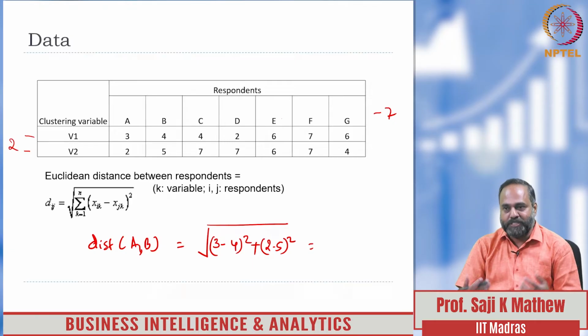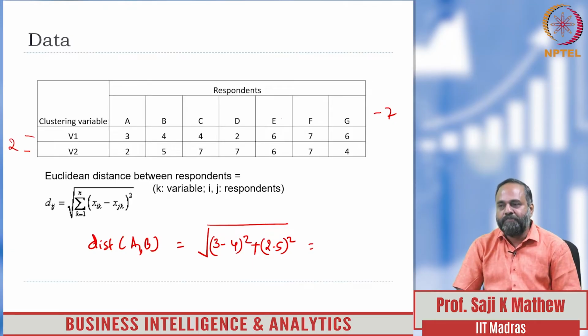There are other measures. As in decision trees, we saw there are different measures of purity. In a similar way, there are different measures of distance as well, which I will show you a summary of very soon.